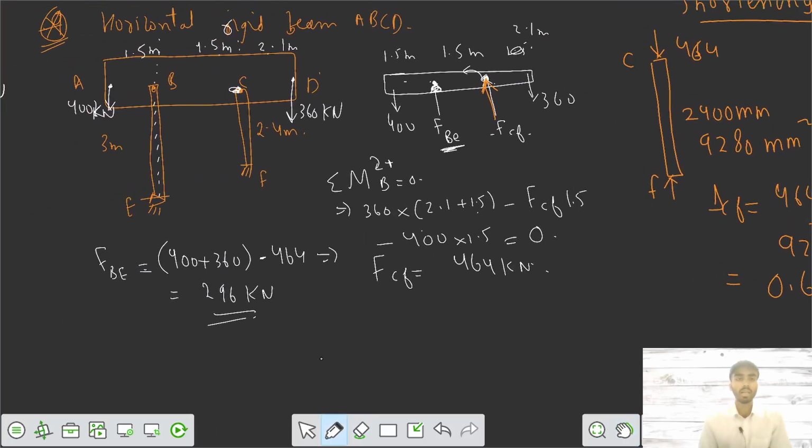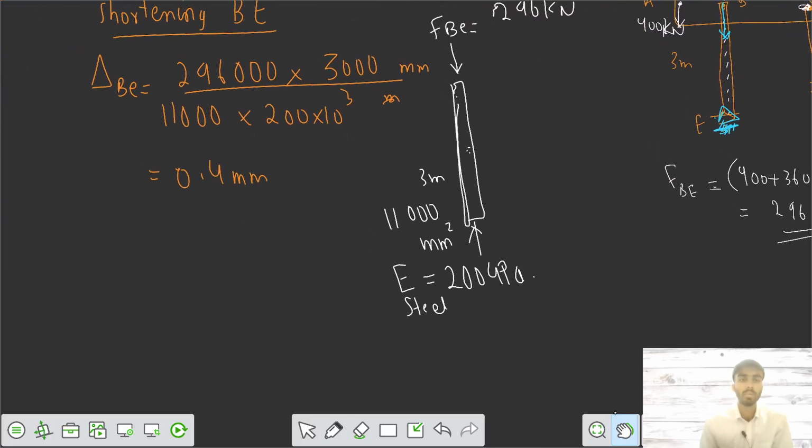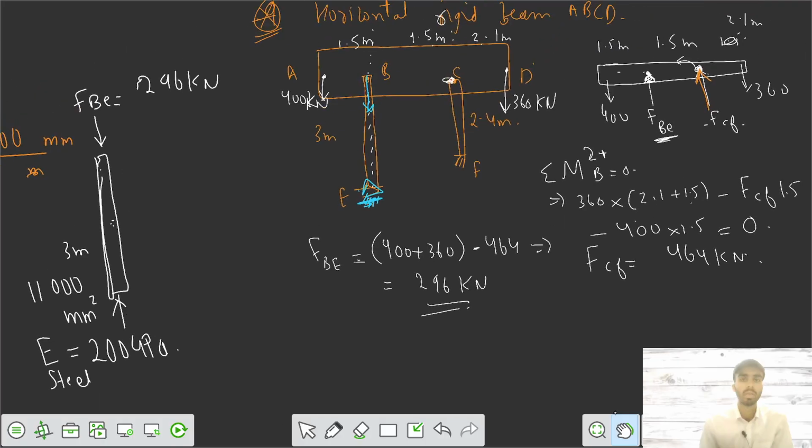If the bars are getting shortened, where can they go now? If the bar BE is getting shortened, here the support is hinged. It won't allow any movement downwards at point E. So if the bar is getting shortened, point B has to go downwards by the deflection at BE, delta B, which is 0.4 mm.